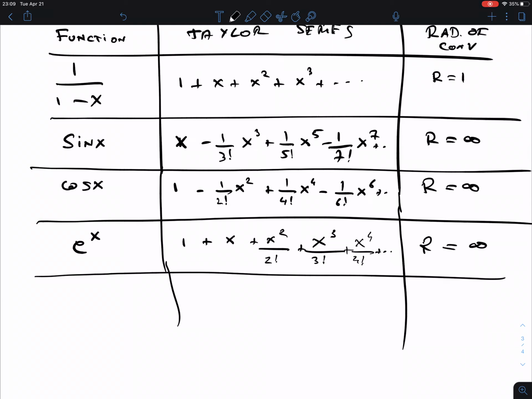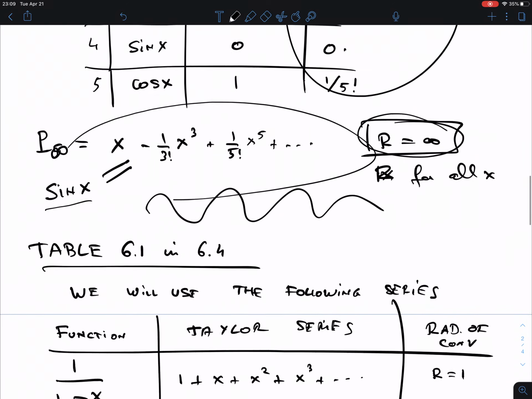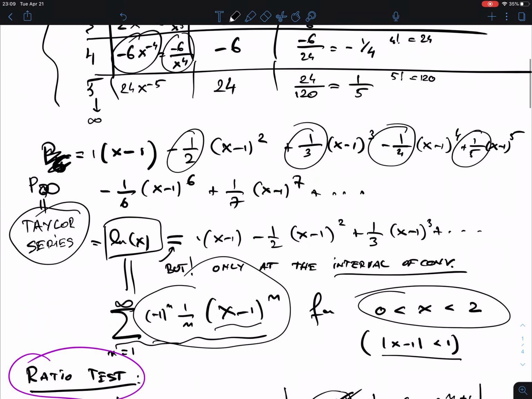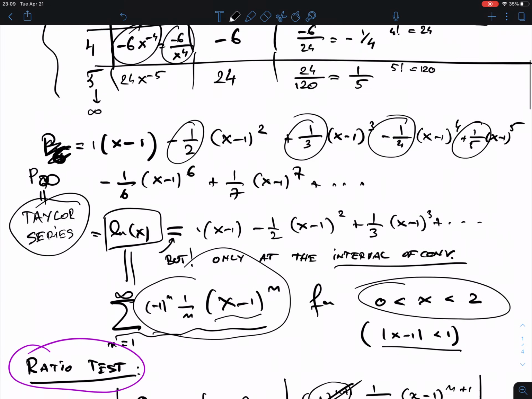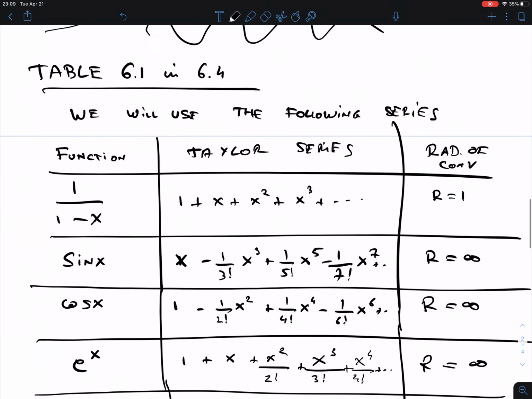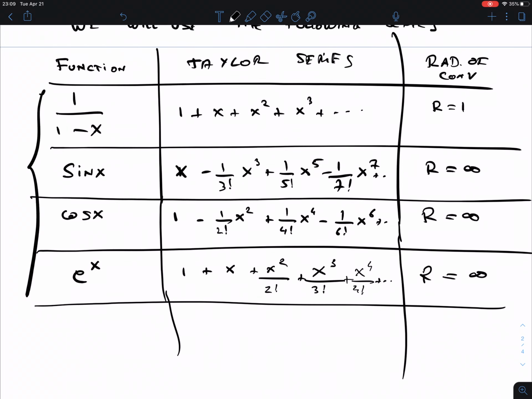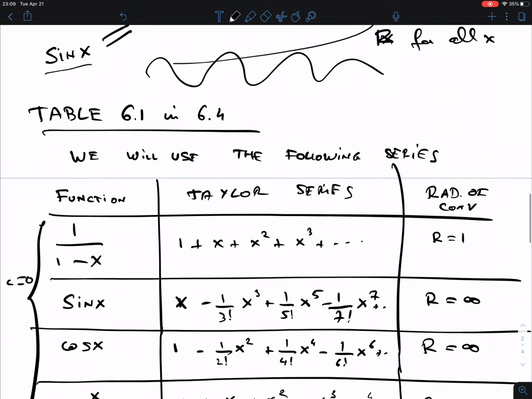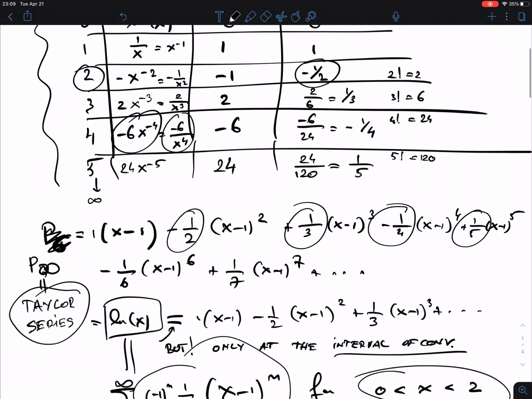Then the only other one, there's more in the book, but the only other one that I'm interested in is the ln of x that we just did. So let me write down this ln of x here, right? But you see the center is 1 here. So these are center 0, and this one, the ln of x, is at center 1. And that was x minus 1, let me see, I don't remember it by heart.